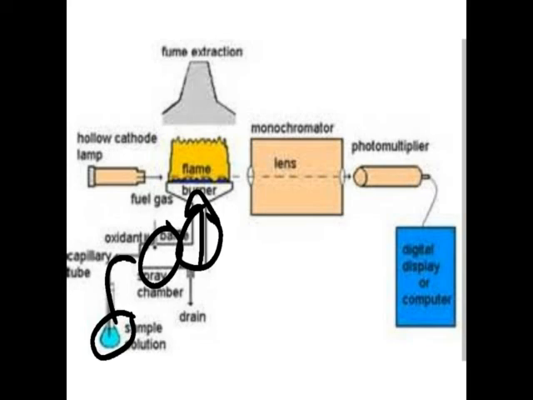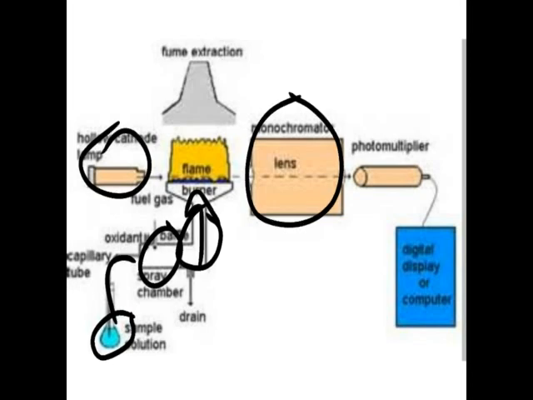So through the flame we are allowing the radiations from the hollow cathode lamp to pass. Through the flame the gaseous atoms which are generated absorb these hollow cathode lamp radiations and they will transmit other radiations. That transmitted radiation goes to the monochromator, it goes to the detector, that is the photomultiplier.